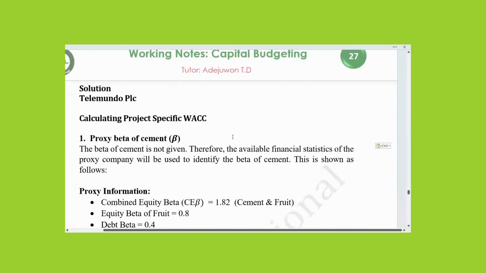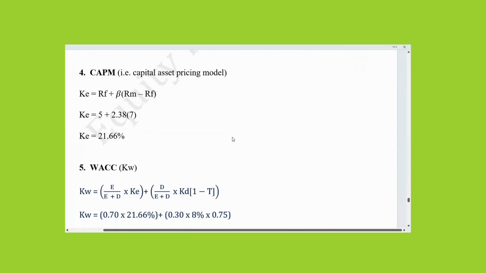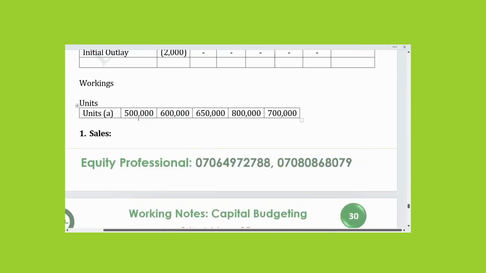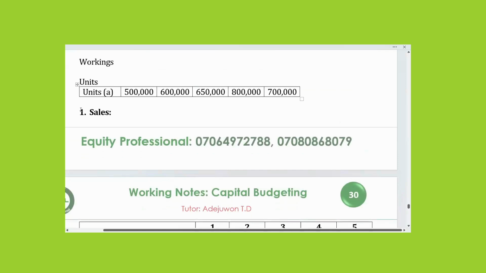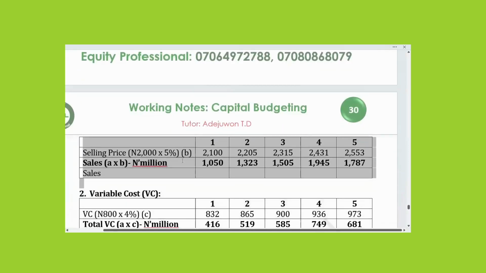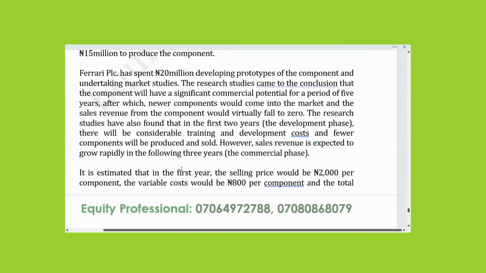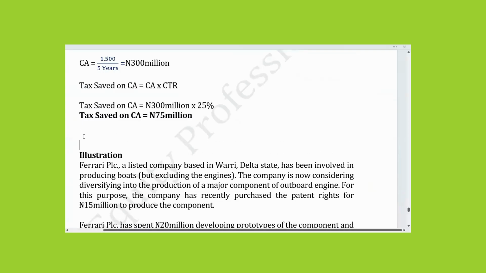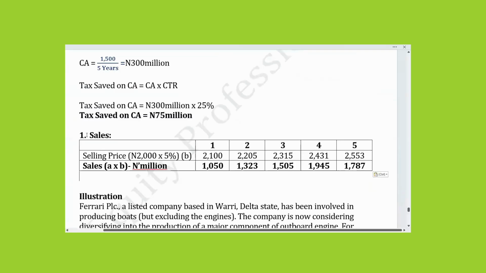All right, so let's go and calculate working capital. That will take us to working number 4. Let me just copy this, I'm going to need it. Working number 4, working capital.